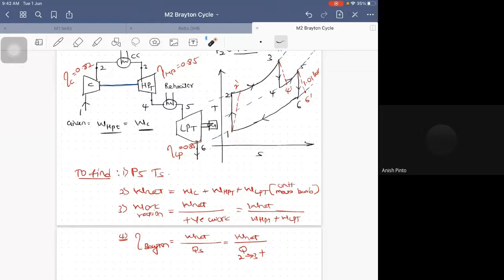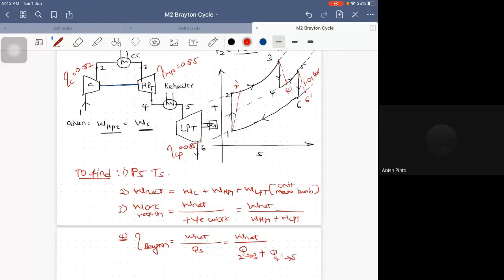Since the efficiency is given, you have to consider the dash there. So from 2 dash to 3, whatever the heat input is, you have to consider. And one more is from 4 dash to 5. This is also a heat addition in a reheater. So both you have to consider. Q 2 dash to 3 and 4 dash to 5.